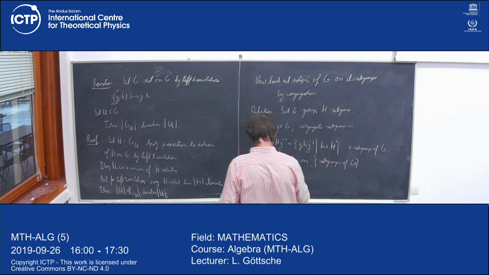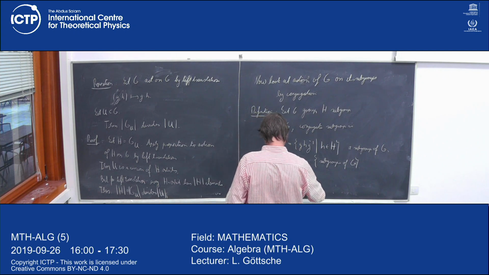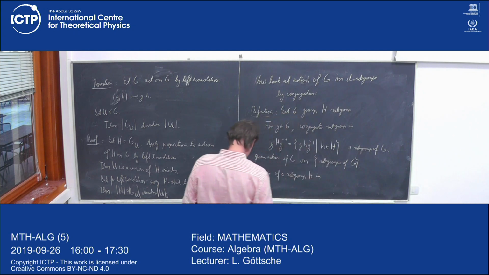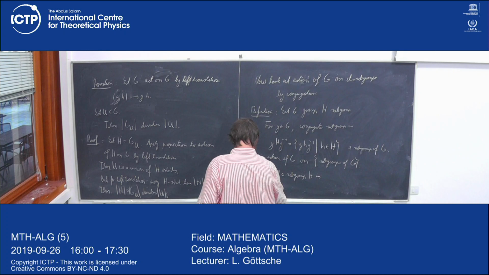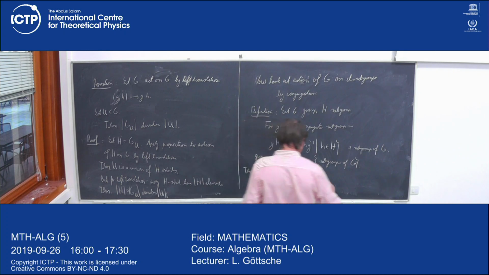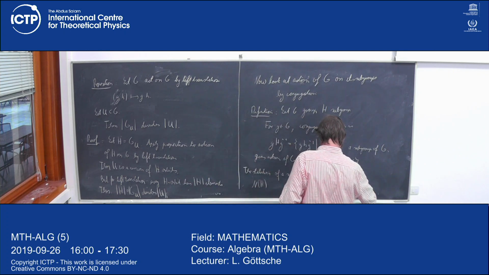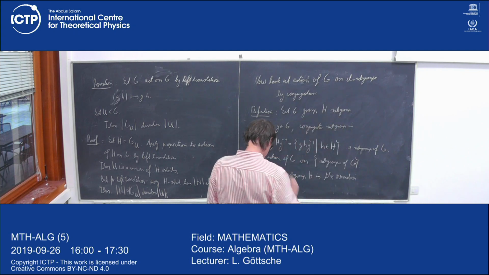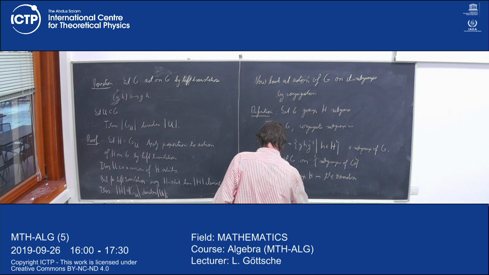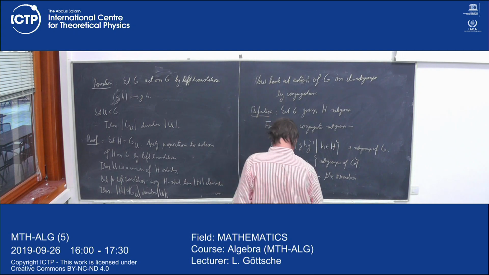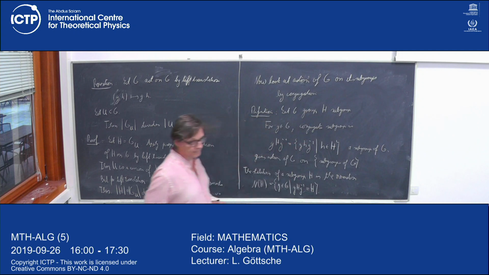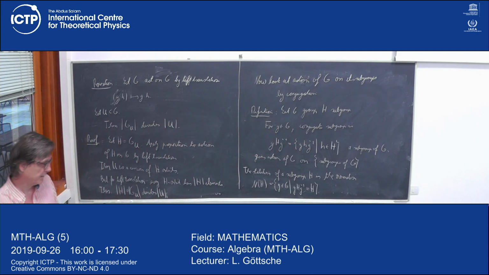The stabilizer of a subgroup H is the normalizer N of H, and we had that this was the set of all g in G such that gHg to the minus 1 is equal to H. Okay, it's the same as saying that.